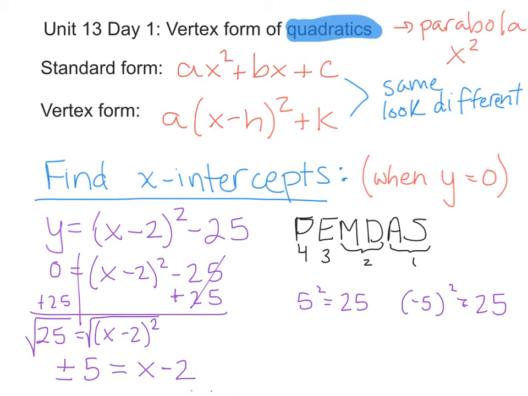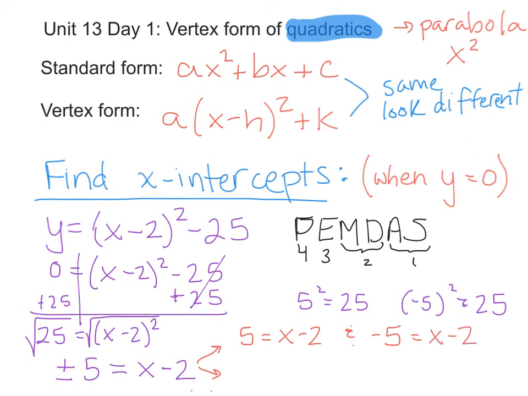This gives us two problems, kind of like when we had the quadratic formula. We've got plus 5 and minus 5. So that means we have 5 equals x minus 2 and negative 5 equals x minus 2.